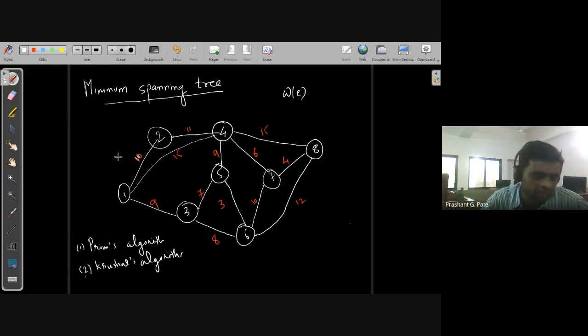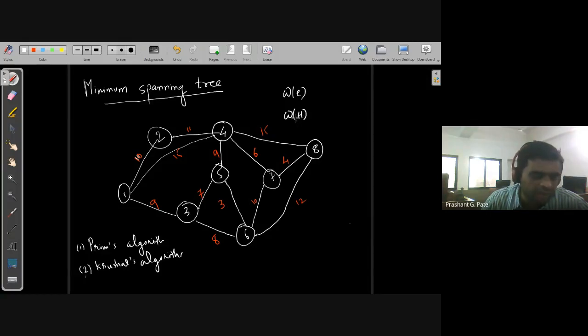If H is a subgraph of the weighted graph, the weight of H is the sum of the weights of its edges.